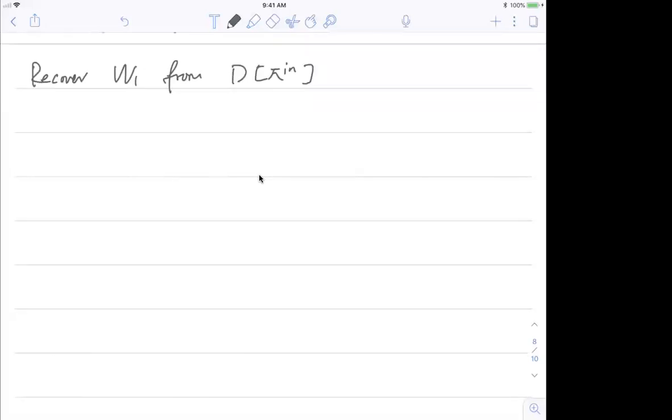So recall, we have two characteristic flows, mean field characteristic flows, which push forward our initial measure to the measure at time t.